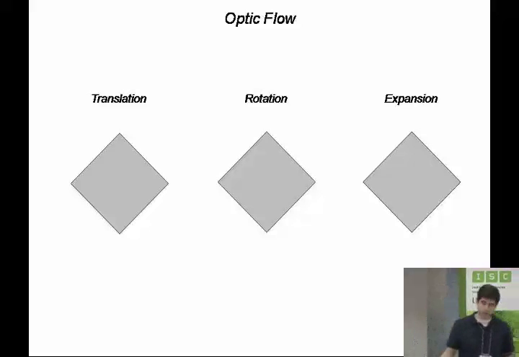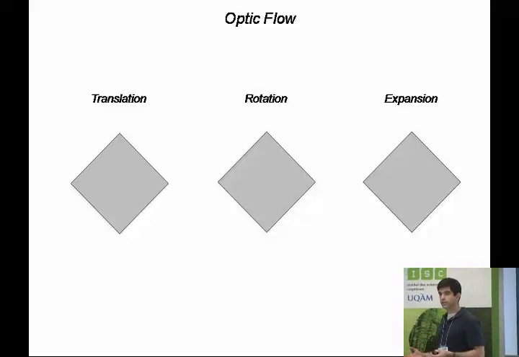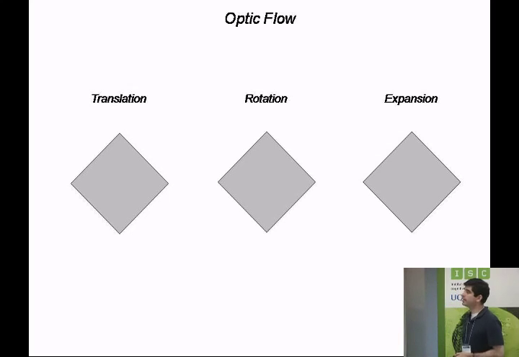As I mentioned in the first few slides, there are lots of different kinds of motion that one could be interested in. And motion, as I've said several times, is one of the most important interfaces that you have with the world. You know where things are going, when they're approaching you, when they're running away, and so forth. And we can divide these on essentially mathematical grounds into translation, which is just motion in a straight line, which is what I talked about in the context of MT. Rotation, which is obviously rotation.